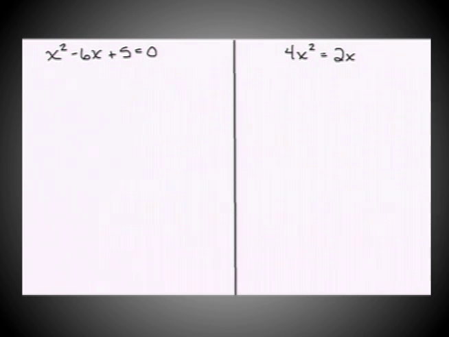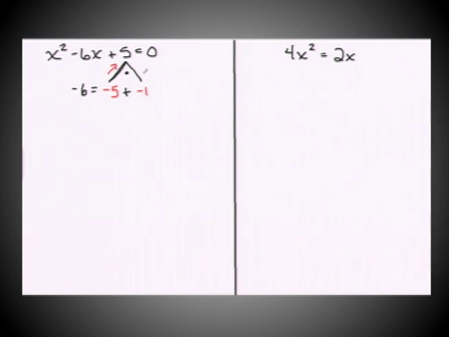Well, we have a trinomial here. So from previous videos, you should know that we are able to factor this side of the equation by asking ourselves the question, what factors multiply to make 5, but add to make negative 6? And when we think about that for a moment, you should be able to figure out that those factors are negative 5 and negative 1.